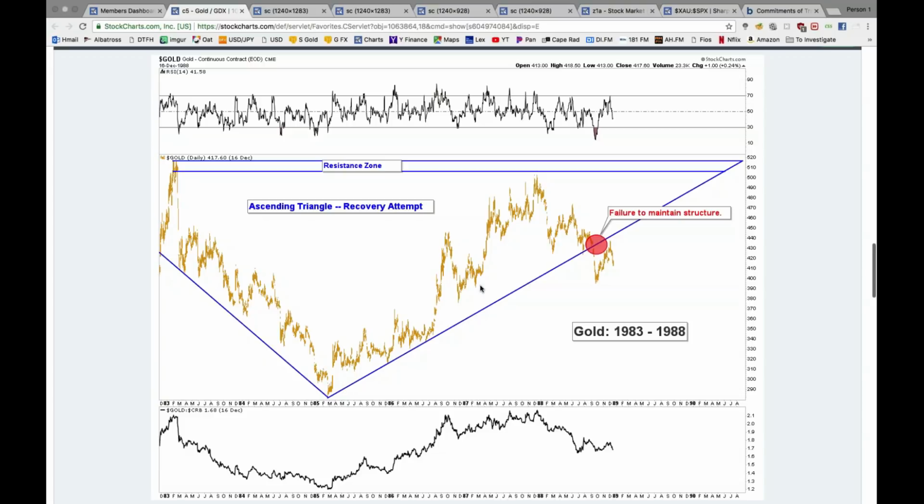So gold climbed its way back toward 500. And think about this in percentage terms. This is a greater percentage move than we saw in 2016, where we saw about a 30% move from 1045 up through 1370.